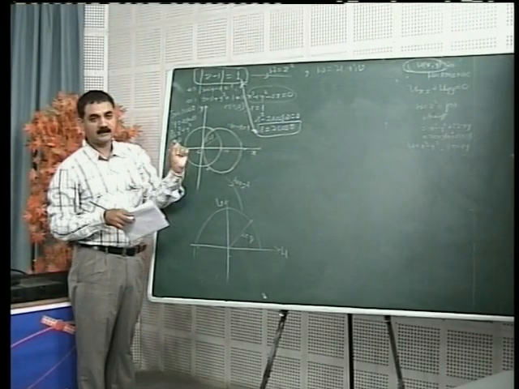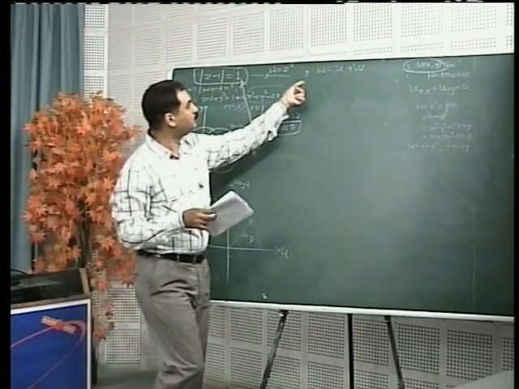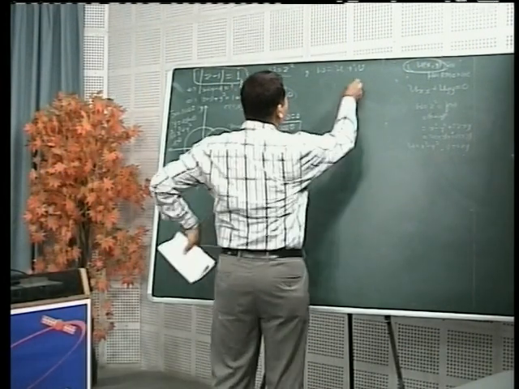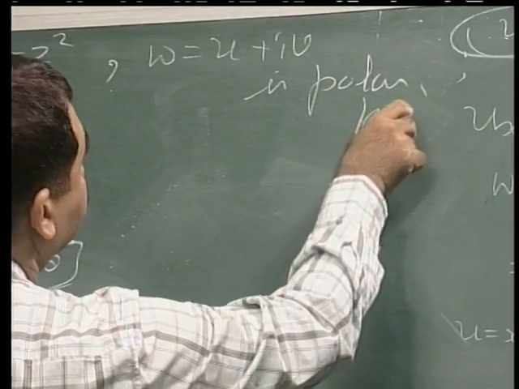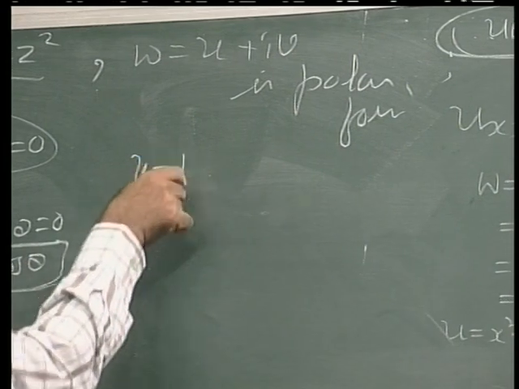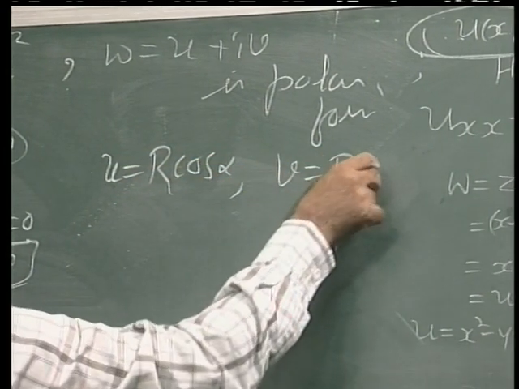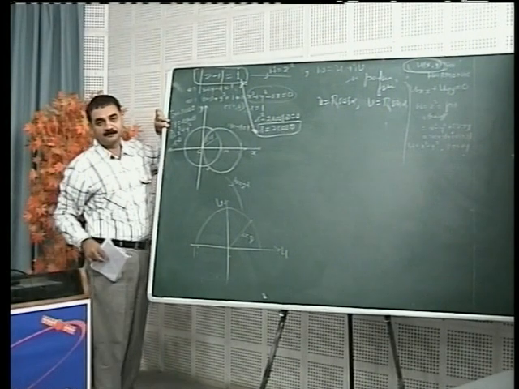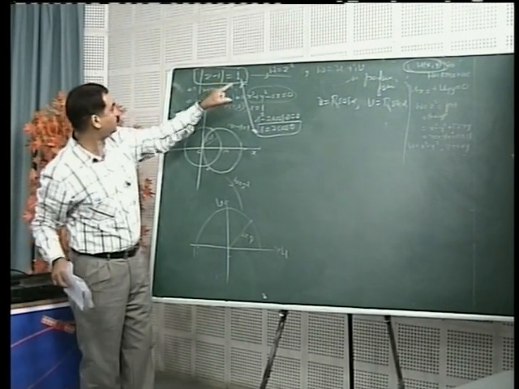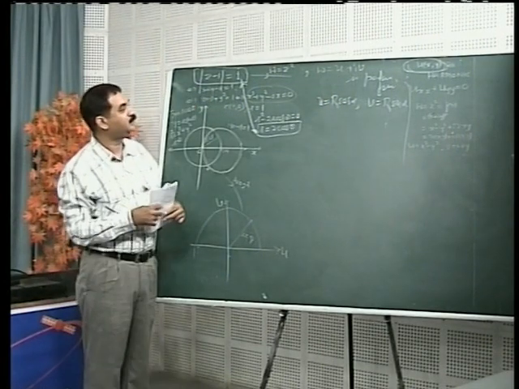So this is the given circle. Our mapping W is z square. We take W also in polar form. So we take u is R cos alpha and v is R sin alpha, as we have taken x is r cos theta, y is r sin theta. So for z is x plus iy, W is u plus iv, we take W also in polar form.